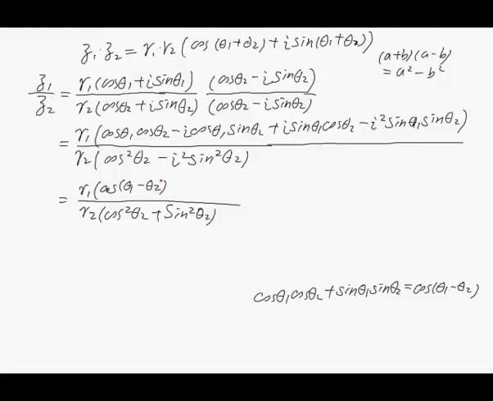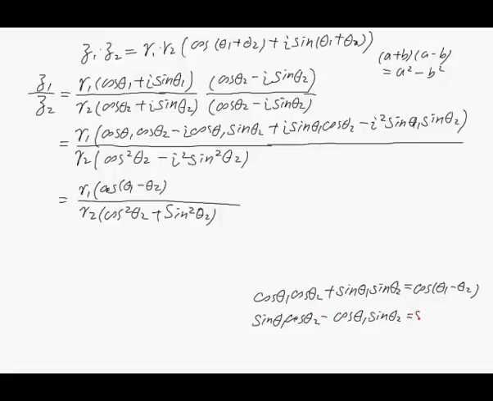Now let's look at the imaginary part. Imaginary part, we have sine theta 1 times cosine theta 2 minus cosine theta 1 times sine theta 2. And we know this is just the sine of a difference, right?